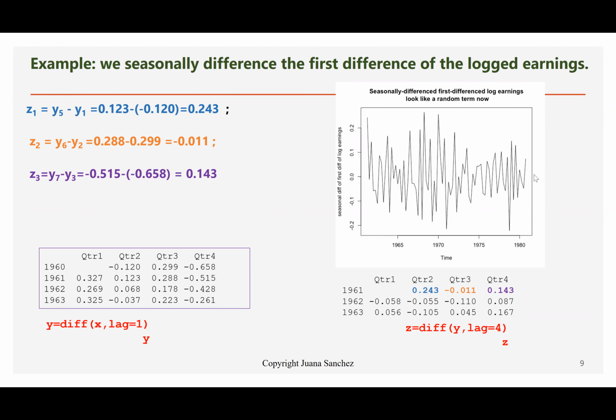So now, before we do the next step, we should be convinced that we are happy with the variance and the mean being approximately constant. And what we are doing now in the next step in the ARIMA modeling process is to start looking at the ACF.